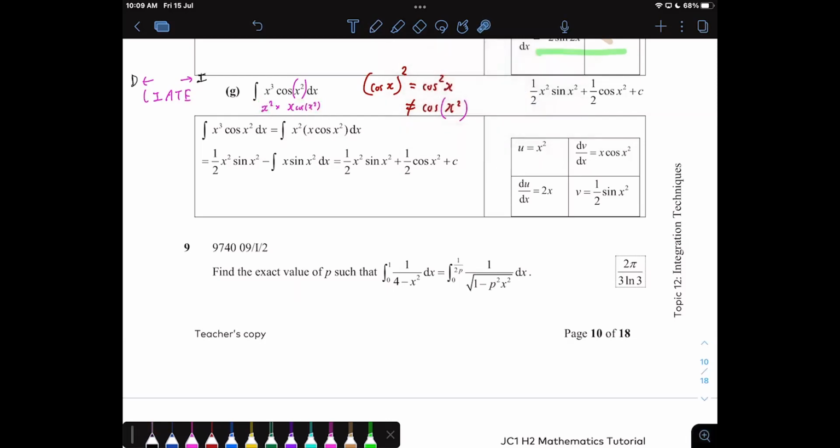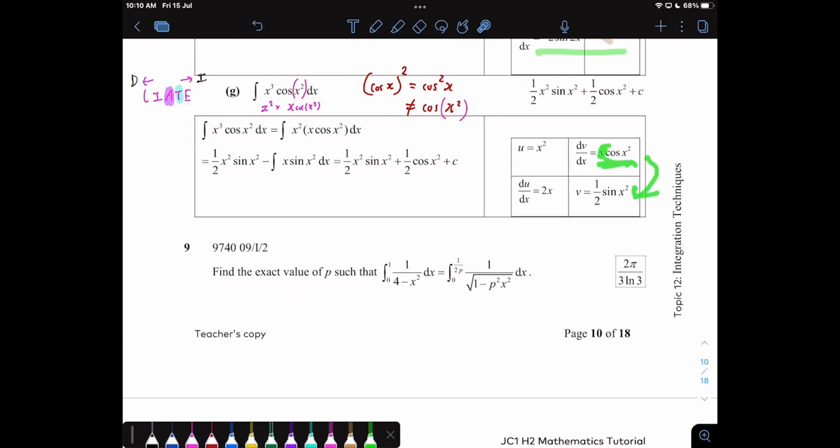This here is a very special one, a mixture of algebraic and trigo. That's when your LIAT rule doesn't really work anymore. But here, close enough. If you see the A and the T, you still think that algebraic should be differentiated, T should be integrated. So that's why we pick x square and x cos x square. Why do we pick x cos x square?